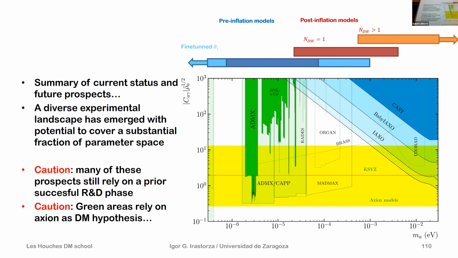The rest of the lines are more aggressive, and even if some collaborations have put some gear in there, it's not a big leap because there is a lot of R&D still to be done for all these little experiments here, really to have the sensitivity to claim that all this can be explored. And of course, MADMAX is an extremely challenging experiment. So I would say this is minimum a decade apart, if not more.